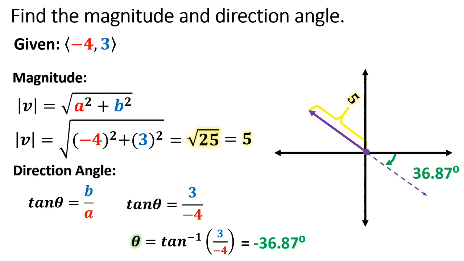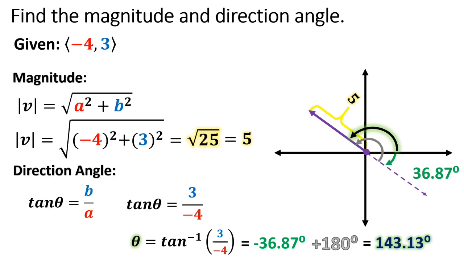Looking at the symmetry here, you can see to get to the angle measure we want, we could just add 180 degrees. We get 143.13 degrees. That is our direction angle.